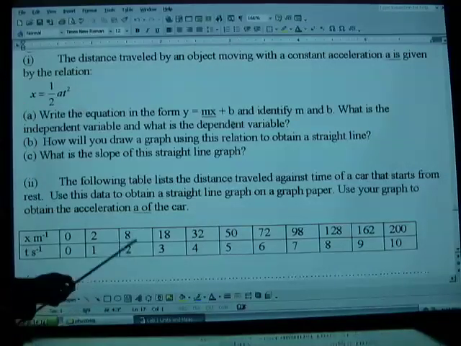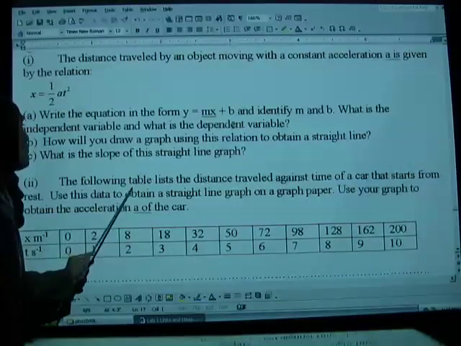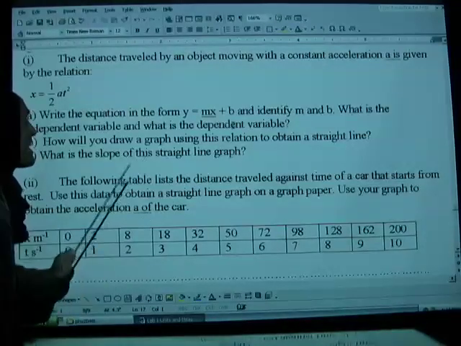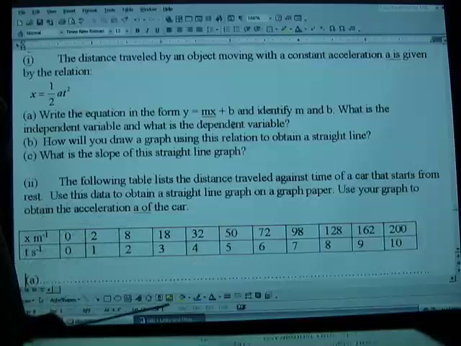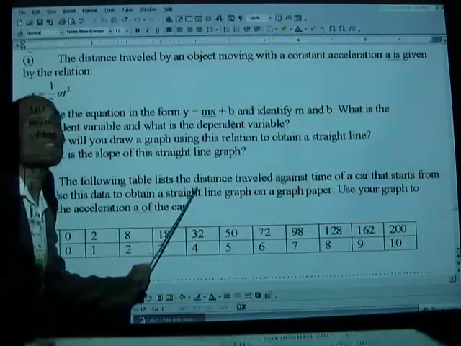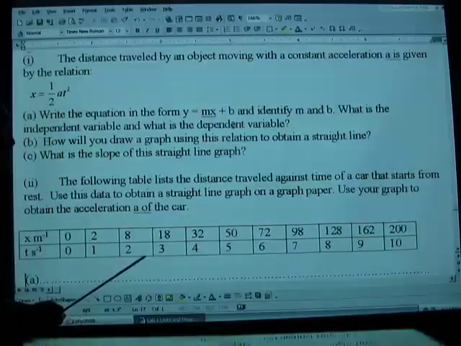What are you supposed to do? Now, the following table lists the distance traveled against time of a car that starts from rest. Use this data to obtain a straight line graph.